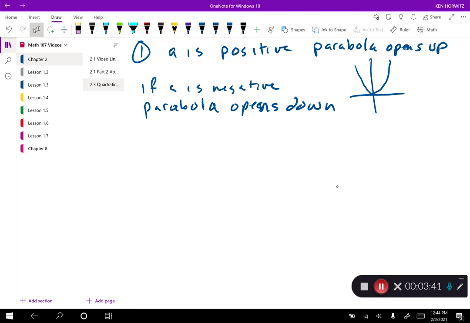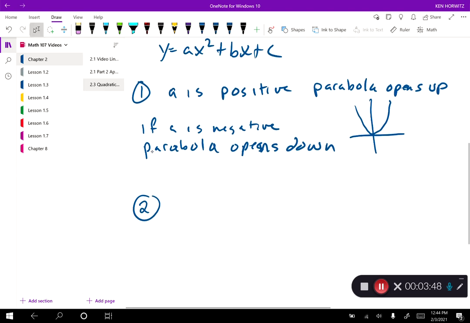All right. The next is your vertex. Remember how this is our form of the equation, most general that we could make it, with a's, b's, and c's.